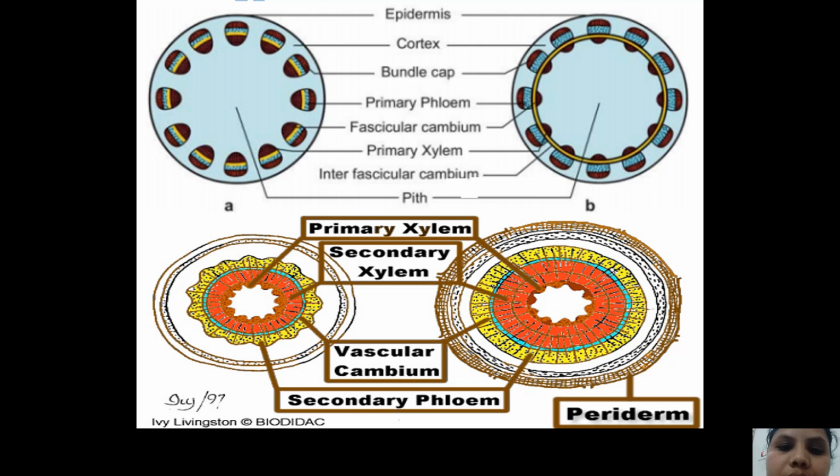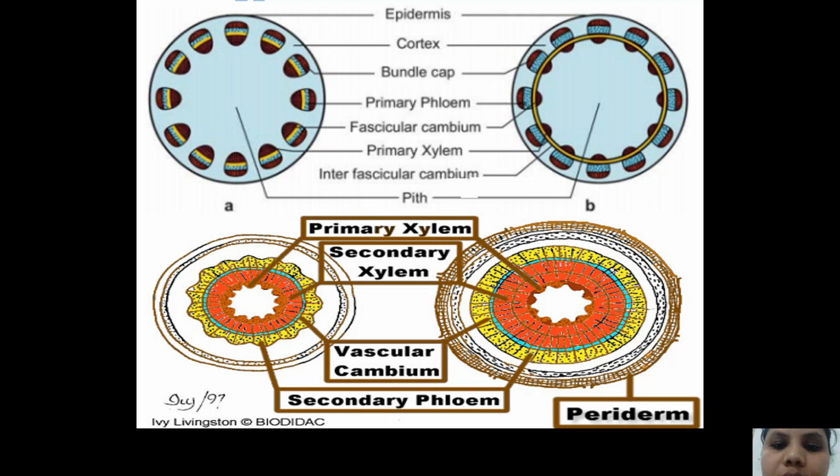Now, if we see here, we can observe the epidermis, cortex, next the primary phloem, which is present towards the outer side in diagram A, and primary xylem towards the inner side, and in between those two, fascicular cambium is present.